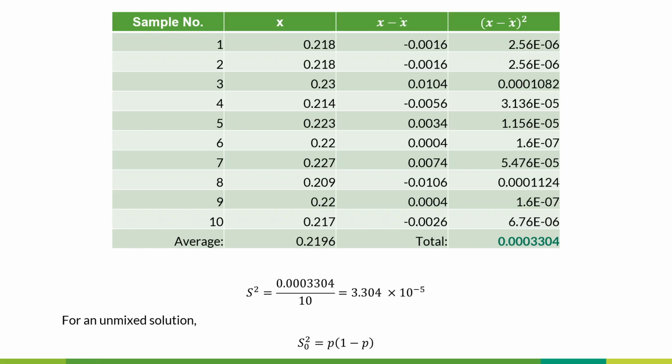So your P is equal to 15 divided by 100, that is 15 divided by 85 plus 15, which is 0.15. So the P value is the initial weight fraction, which is 0.15. From there you can calculate S0². So 0.15 into (1 minus 0.15) will give you S0², which is equal to 0.1275.